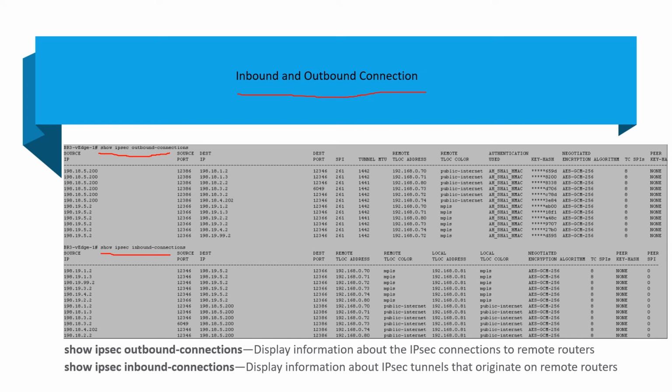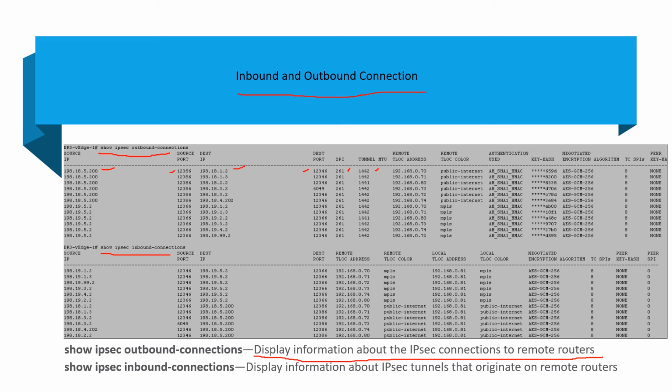So when we look at the outbound connection, by definition, it is going to display information about the IPsec connections to remote routers. So this is my source. This is my source port. This is my destination. This is my destination port. This is my security index 261. My tunnel MTU, which is auto negotiated, is 1442.